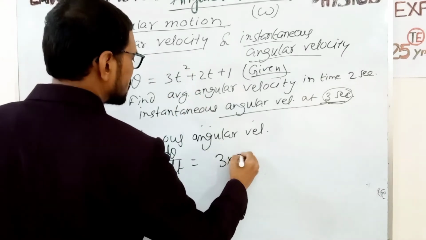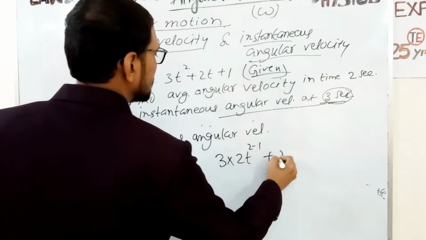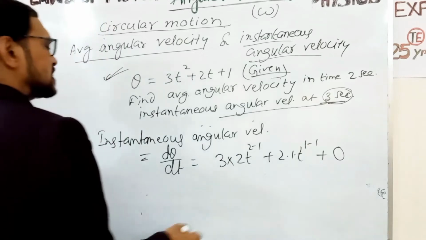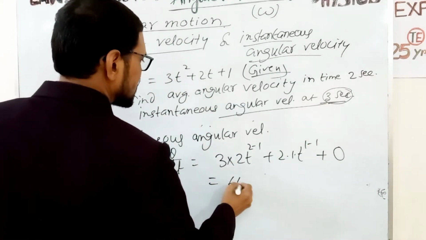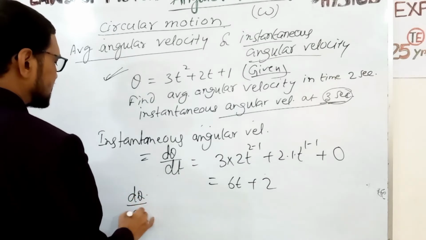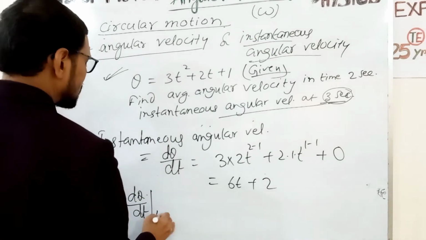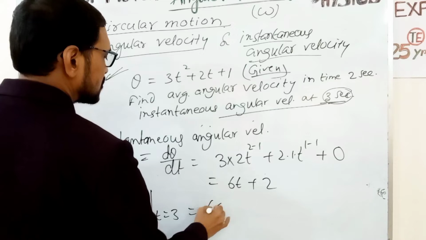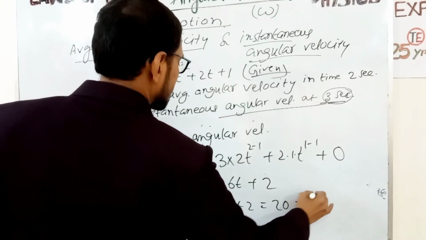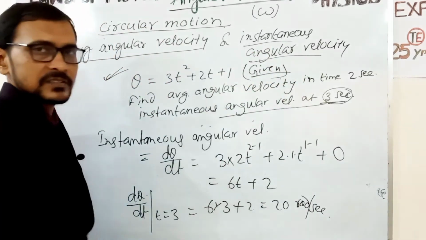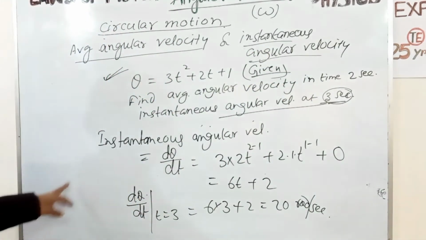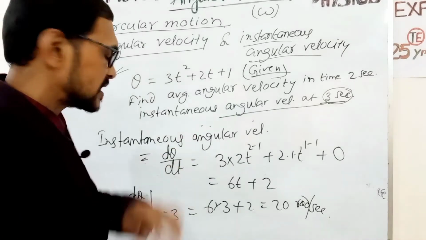Derivative of t square is 2 into t to the power 2 minus 1, plus 2 into 1 into t to the power 1 minus 1, plus constant, whose derivative is 0. So 6t plus 2. Now d theta by dt at t equal to 3 seconds, we get 6 into 3 plus 2, that is 20 radian per second. This is the answer. So like in kinematics, we can calculate instantaneous angular velocity.